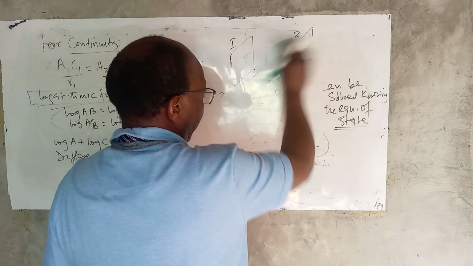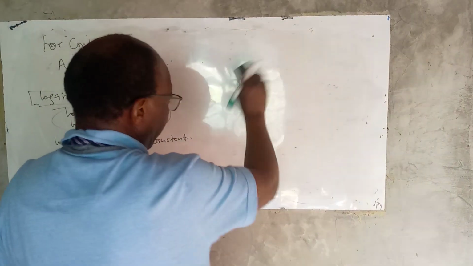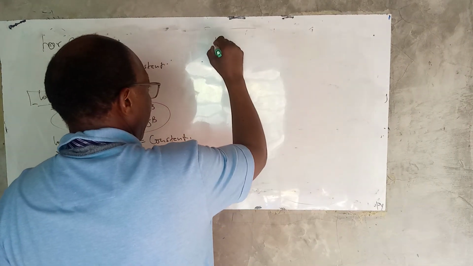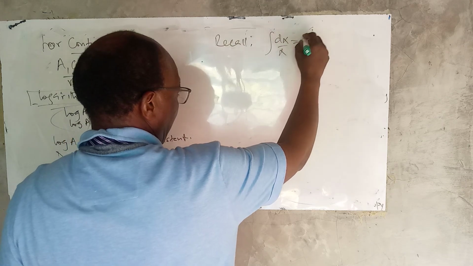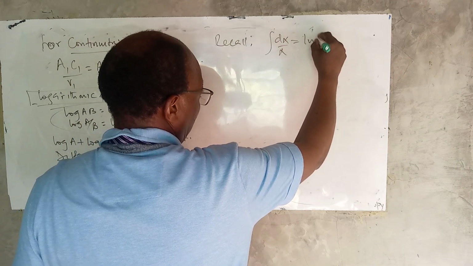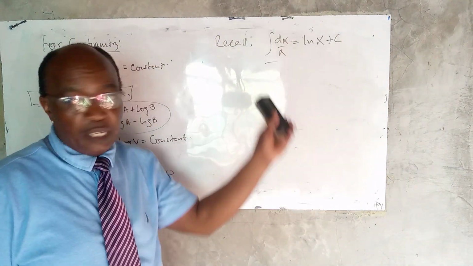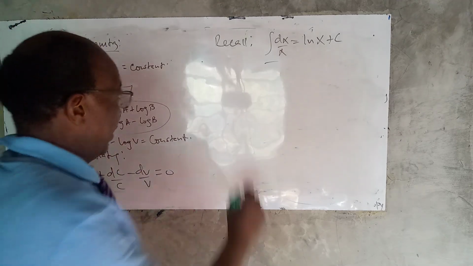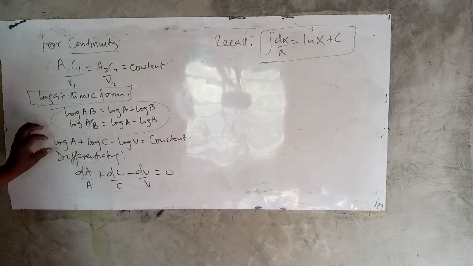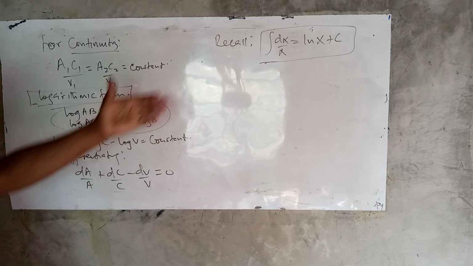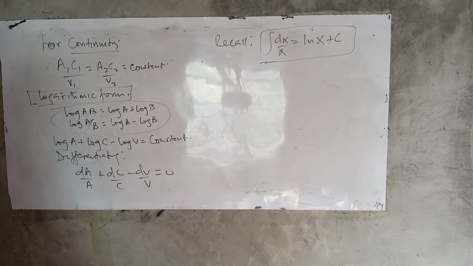Always remember, and we have worked with this quite extensively throughout our lectures, that the integral of dx over x is natural log of x plus c. Of course, that's the integration constant because we have not put any limits there. And so when we differentiate these logs, we get dA over A, dC over C, minus dV over V.